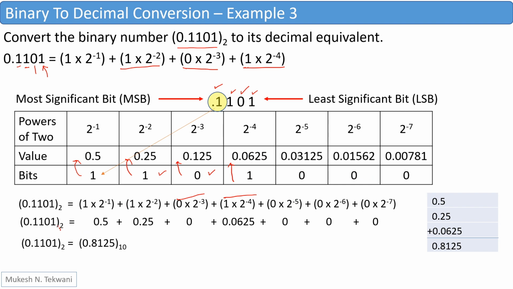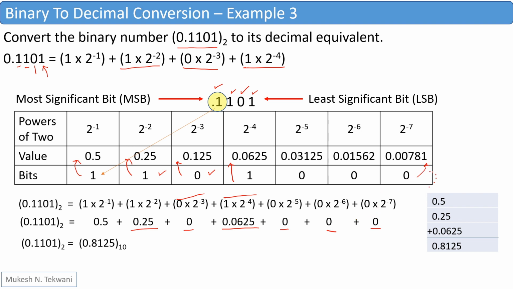And therefore this can be written as 1 into 2 raised to minus 1, which is 0.5, so 1 into 0.5 plus 1 into 0.25 plus 0 into 0.125, which is 0, plus 1 into 0.0625, and 0 into 0.03125 gives 0, the next number also will be 0, and the last 0 into this also gives us 0.